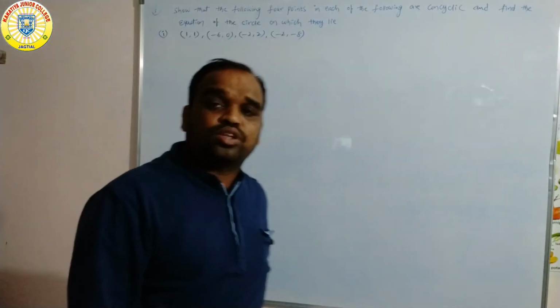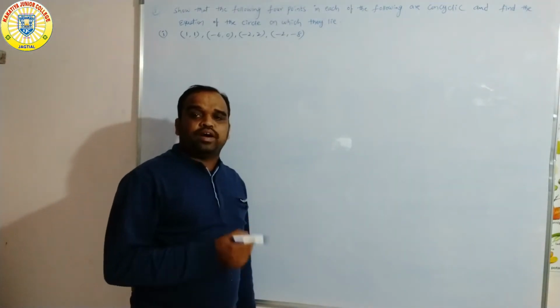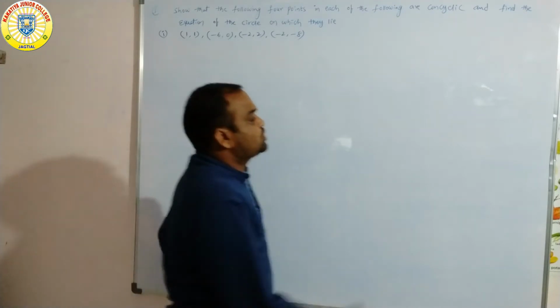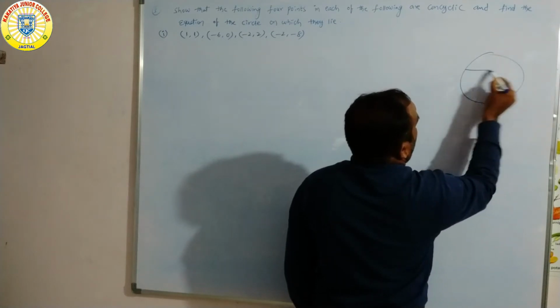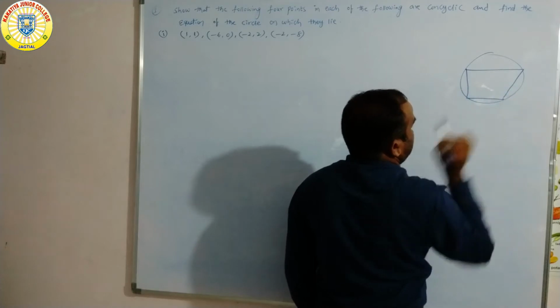See the next question. This is very, very important for essay type questions. Concyclic problems. Concyclic means, see here, this is a circle. The 4 vertices of a quadrilateral lie on this circle.